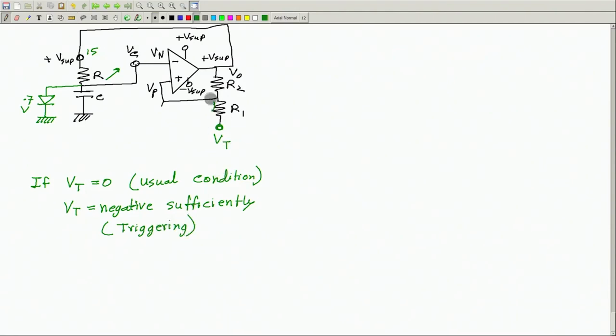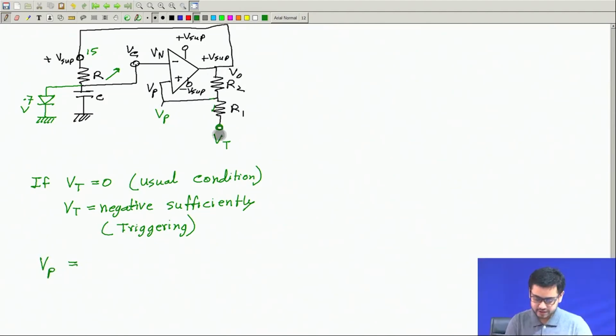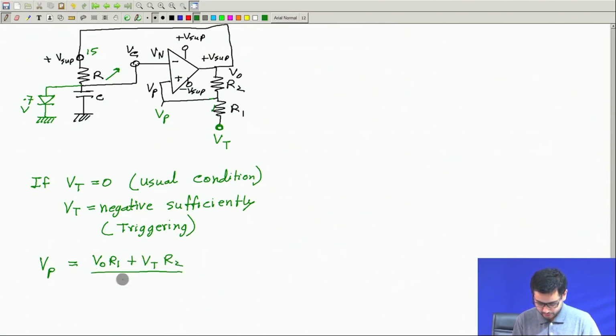Why? Because you see that this voltage Vp, okay, Vp can be written as some sort of average of Vo and Vt. Okay, so we can write this is equal to (VO R1 plus VT R2) divided by (R1 plus R2).